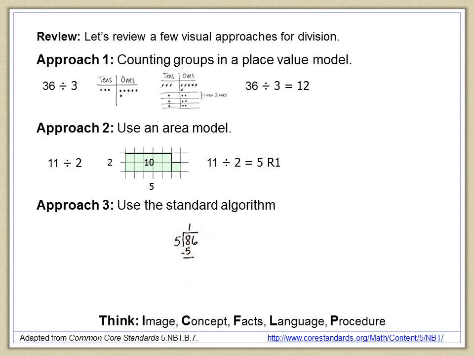Now what this 5 really is, is 50, because this 1 is really a 10, and that's because the 8 is really an 80, and 5 goes into 80 10 times, and that'll make use of 50 of our units. 1 times 5 is 50. So let's see what we've got left when we take 50 away from 86.